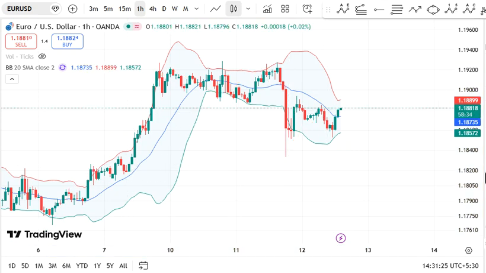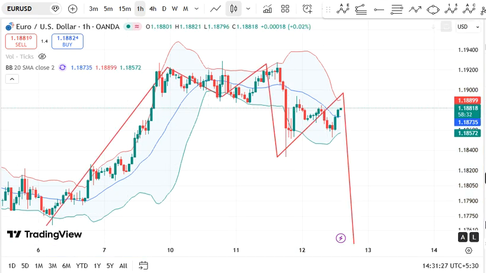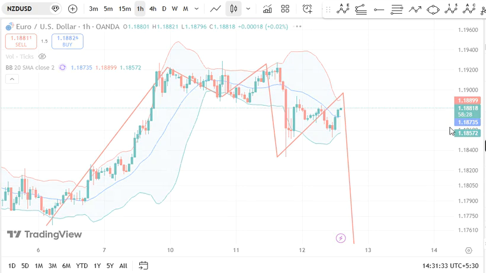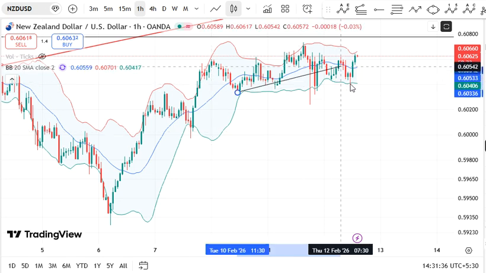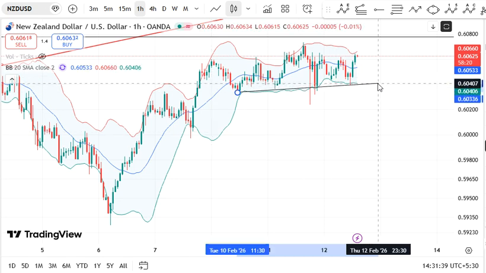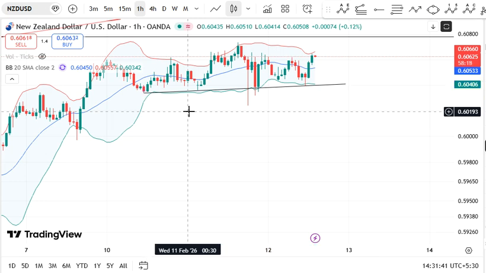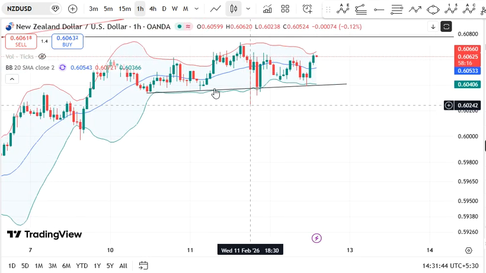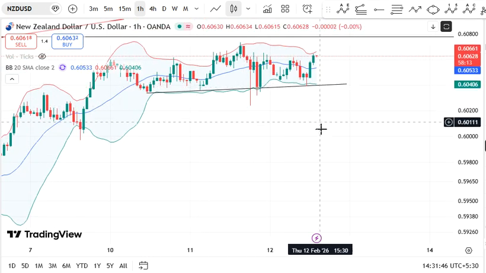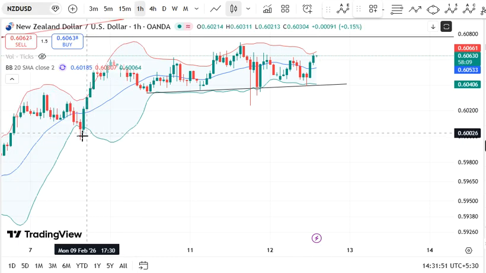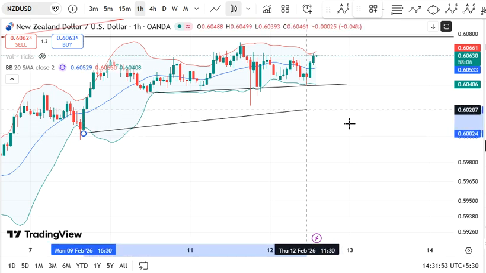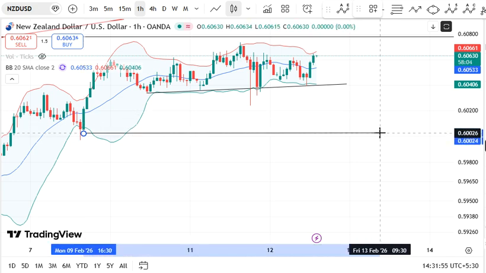Let's discuss a few more pairs, like the New Zealand dollar and USD. In the NZD USD, as you can see, this is a trend line on the support area. If this trend line breaks on the downside, we can expect some short side momentum up to 0.0026.